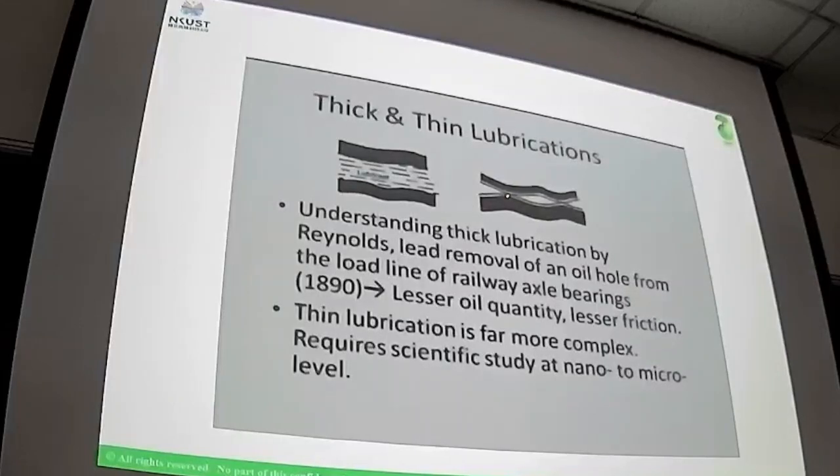If the thickness of the lubricant between these two interfaces is small, we call it thin lubrication. So they have totally different characteristics or behavior.